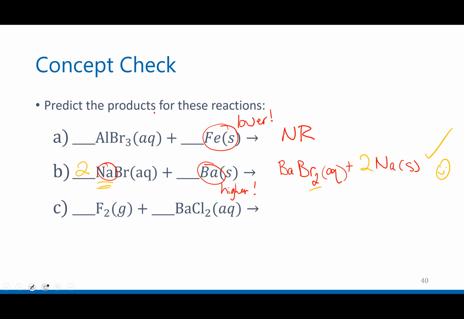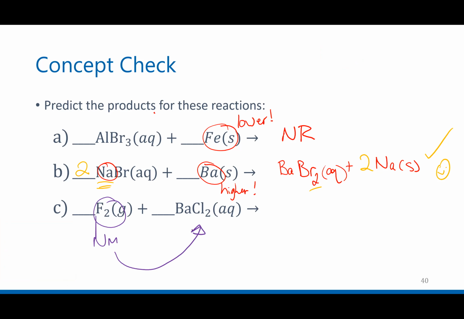In C, I'm dealing with a non-metal. So the non-metal can only replace the other non-metal. You can't put non-metals together or metals together. So really, step number one here, you ask yourself, this is a fight. Who will win?